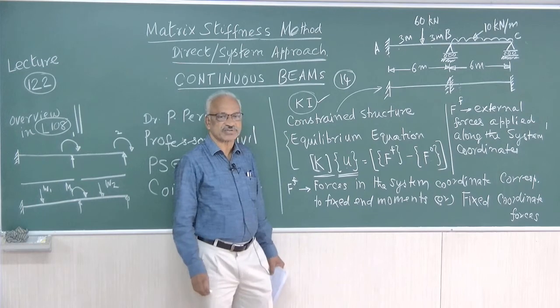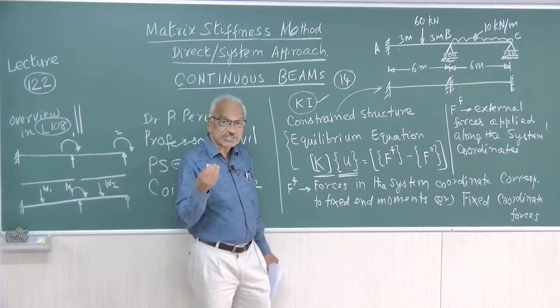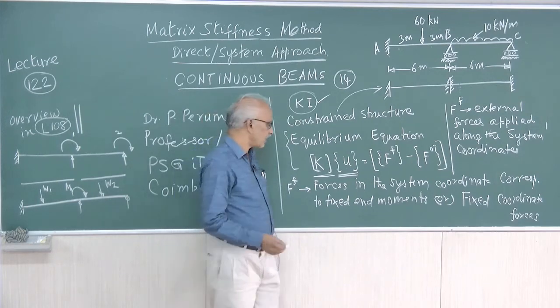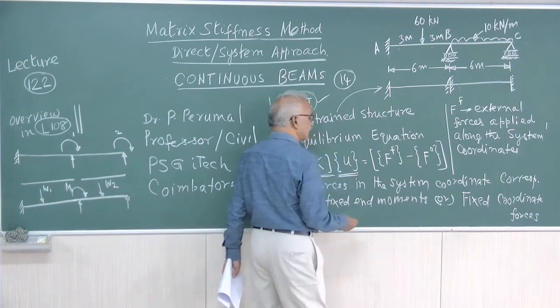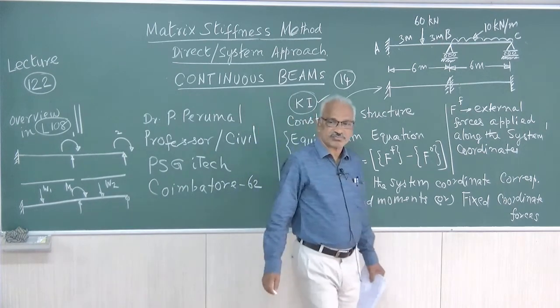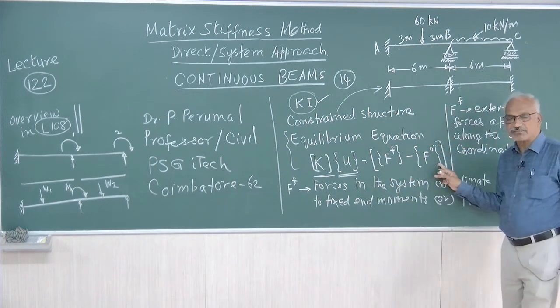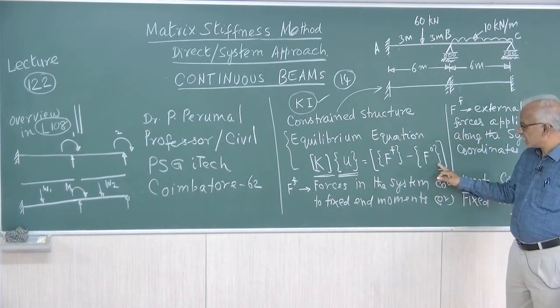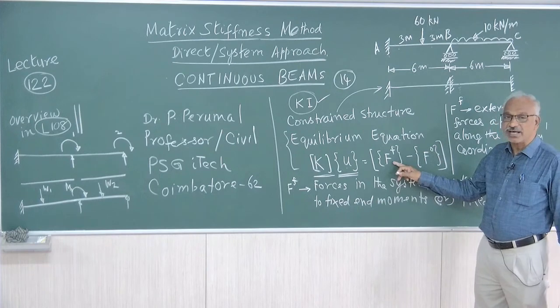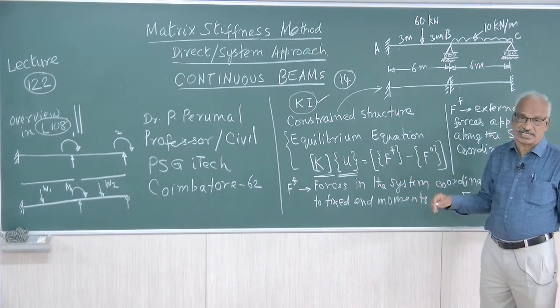So, U stands for the displacements. Displacements are the unknowns here, and the right hand side is F. F consists of F_f and F_0. F_f means the forces applied along the system coordinates.